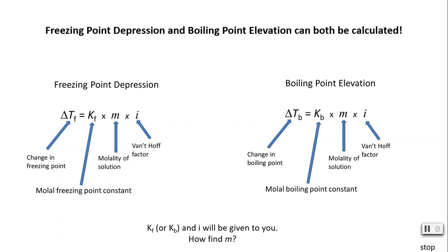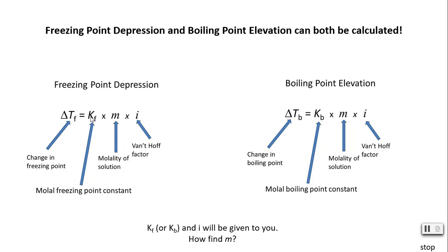In the next video, we will talk about how to calculate molality based upon information given in the problem. But take-home points from this slide: freezing point depression and boiling point elevation can both be calculated. They are calculated by these two equations that you'll be able to use on quizzes and exams.